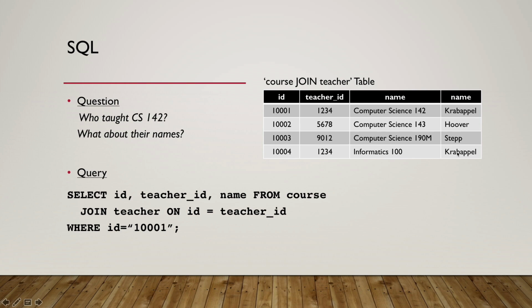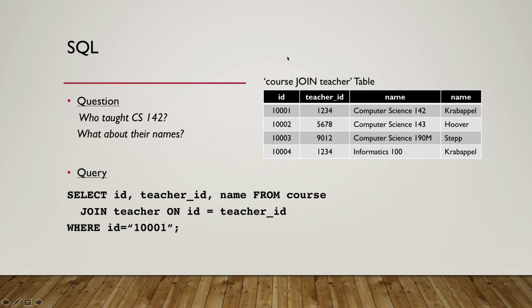And how did it figure out what goes where? Well, it used the on part of this. Everywhere that the ID from the teacher table equaled the ID in teacher ID, it pulled in the extra information. And if there had been more things than name, we'd have more columns added on here. And so it matches the two things we tell it to, the teacher ID and the teacher underscore ID, and then pulls in all the other information based on what that equaled.